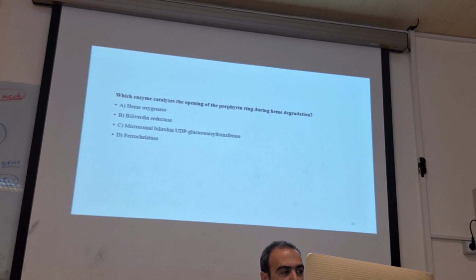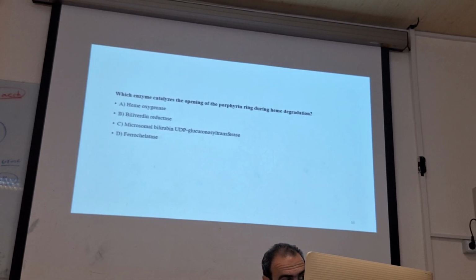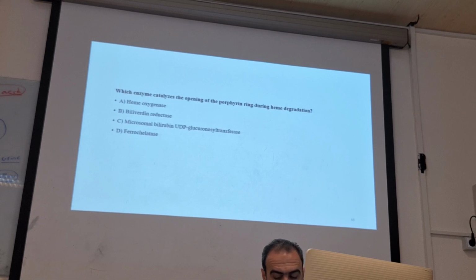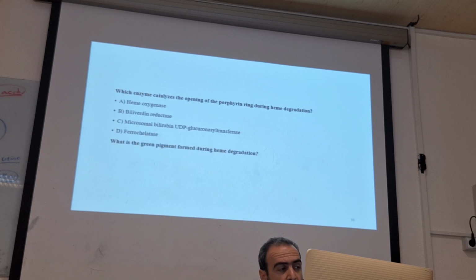Is it A? Either A or B. A or B? B. C. A. What is the green pigment?